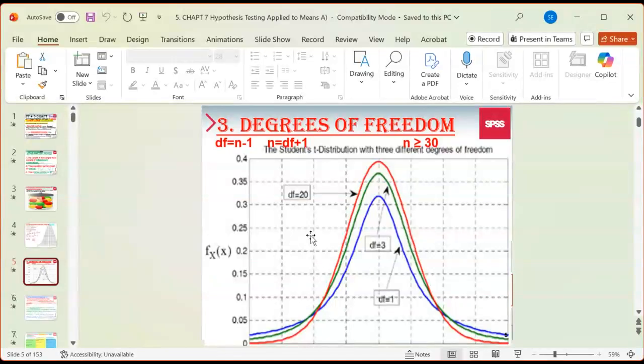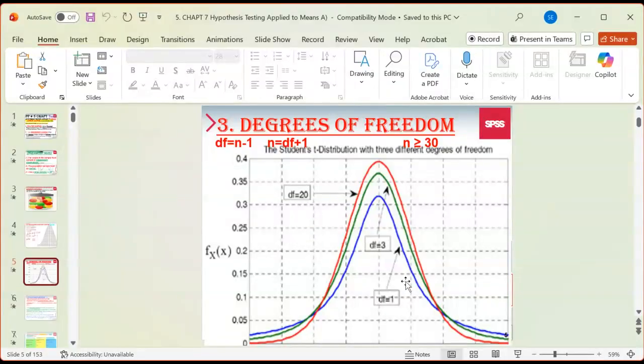So your df is 30 minus 1, 29. If you have 1,000 participants, your df is 999. We just take away 1 because we have one sample. On the same token, if your sample size is 21, then your df is 20.